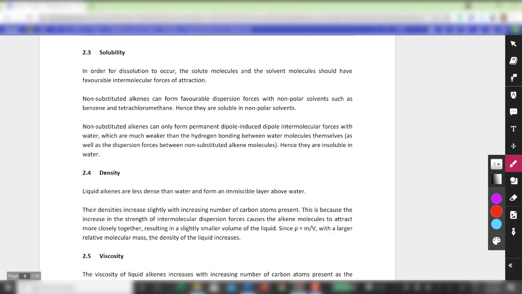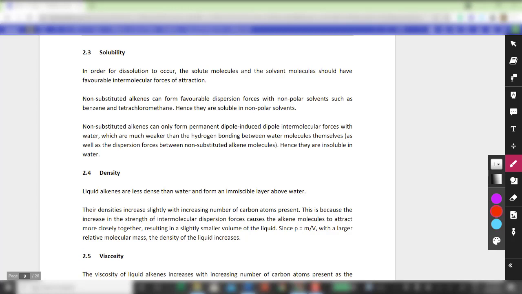So unless it's a chlorinated compound, okay, chlorinated alkanes tend to be denser than water. Other than that, most alkenes are usually less dense than water, because in the liquid state, their intermolecular forces of attraction are not as strong.